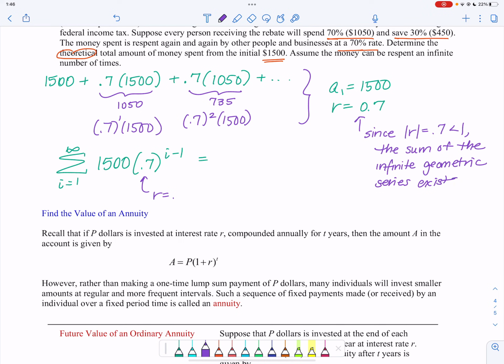So we can find that sum. And so now we will have that the sum is 1500, a sub 1, over 1 minus r. And we will have $5,000.